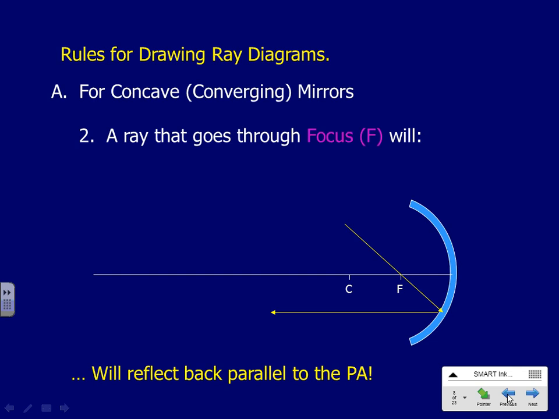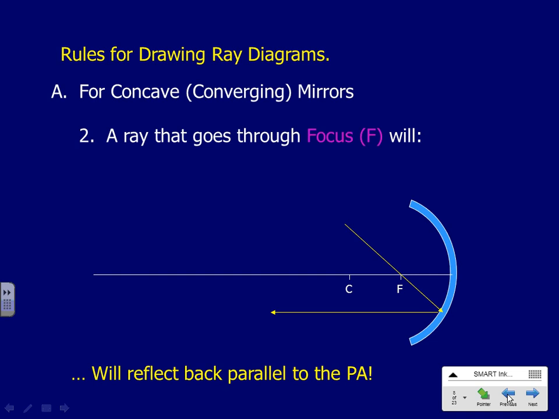Number 3, a ray that goes through C will, well, let's do that. Let's pick a ray that goes through C. And I'm just going to pick one that's kind of up here on an angle. All right, so here I've got the ruler on C, and I'm just going to have it hit the mirror somewhere. In a moment, we're going to decide on how we know which way to pick them, and I'll talk about that in a minute.